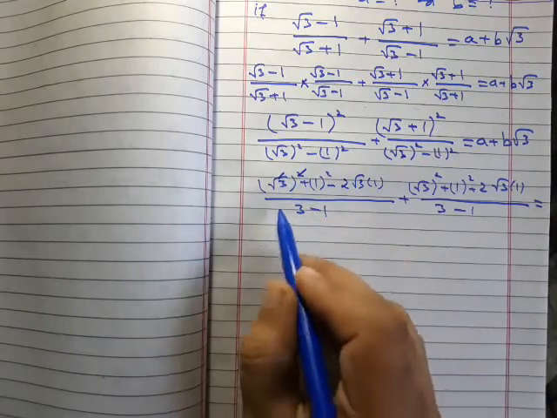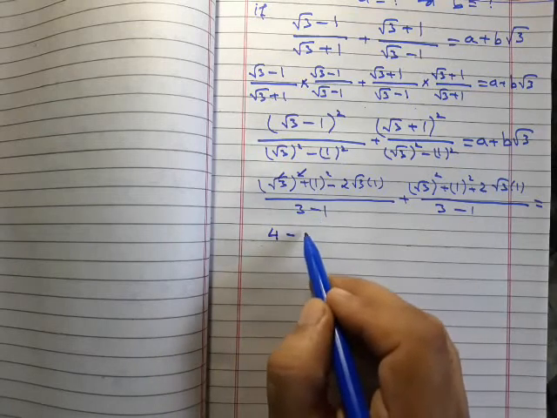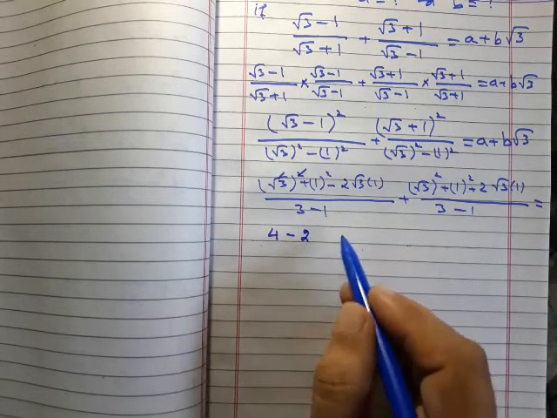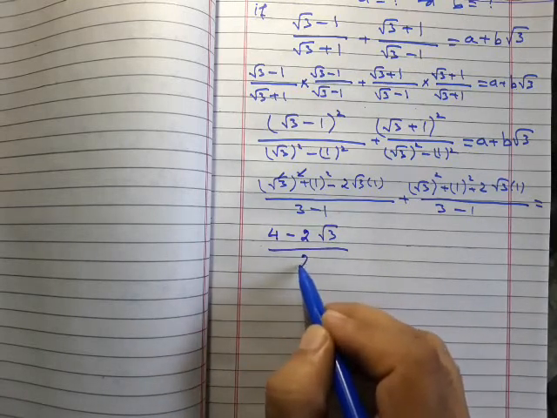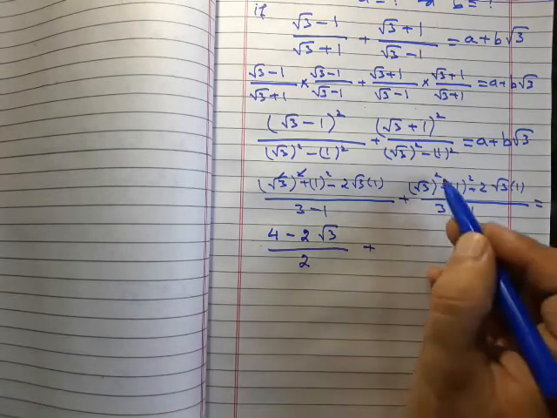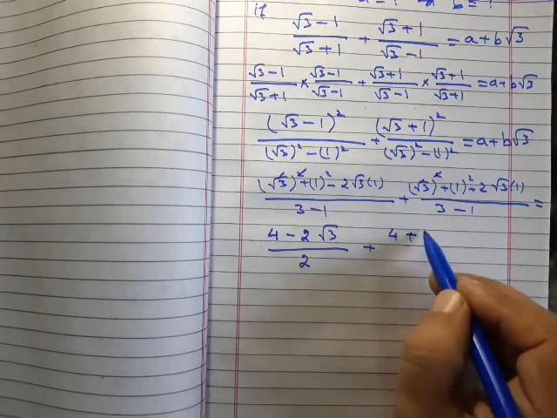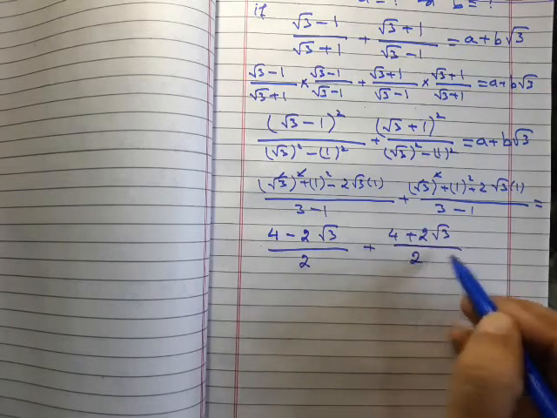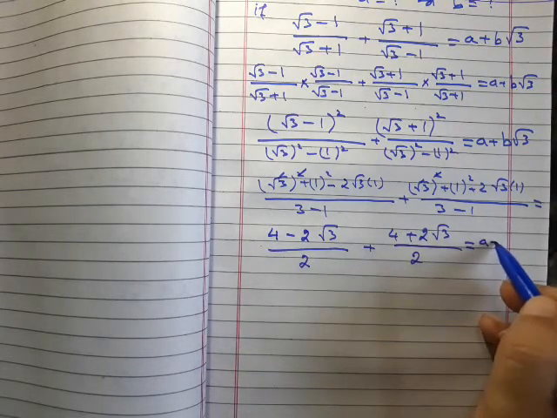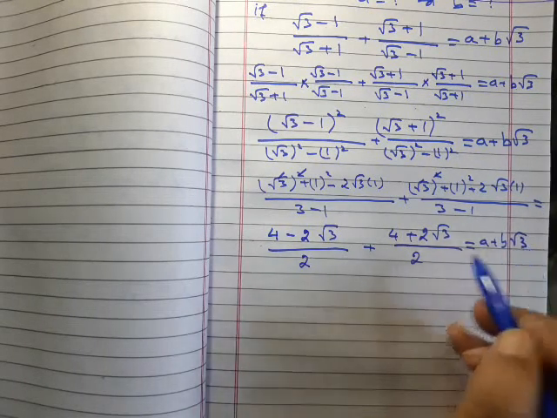cancelled, 3 plus 1 is 4, 4 minus 2 under root 3 over 2, plus, cancelled, 3 plus 1 is 4, 4 plus 2 under root 3 over 2, is equal to A plus B under root 3.